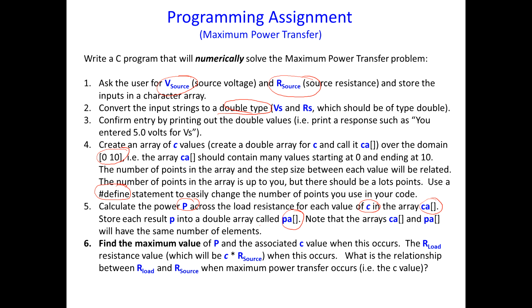Okay, and this is the final question that we are after. What is the relationship between our load and our source when maximum power transfer occurs? And this is known as the maximum power transfer for this circuit. So that's what you need to do, and good luck programming.